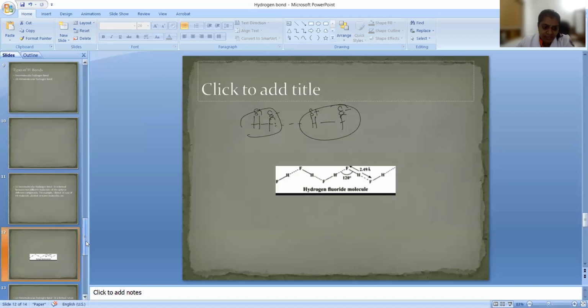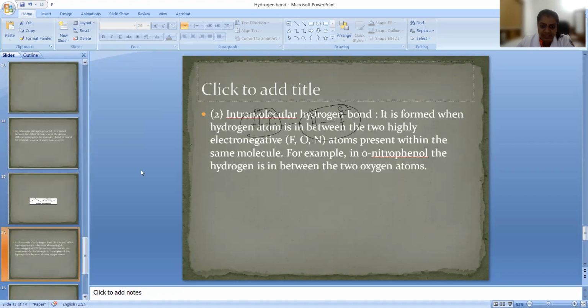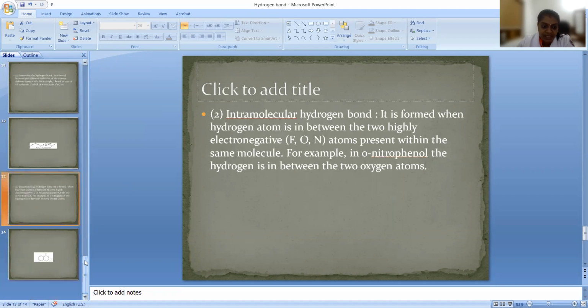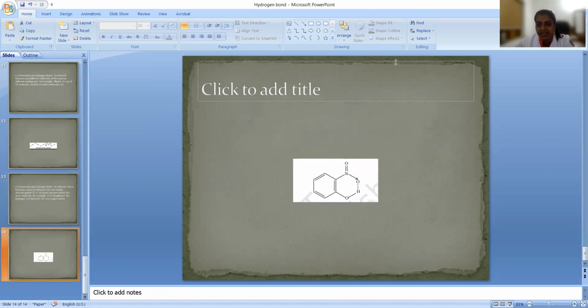Next, intramolecular hydrogen bond. Intramolecular means within the molecule you have a hydrogen bond. Look at the oxygen atom on the nitro group. The NO2 group and OH group are together at the ortho position.